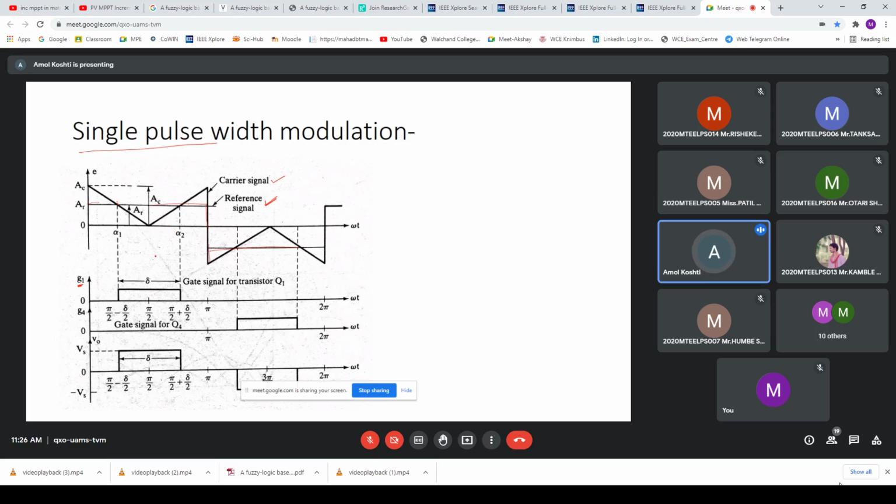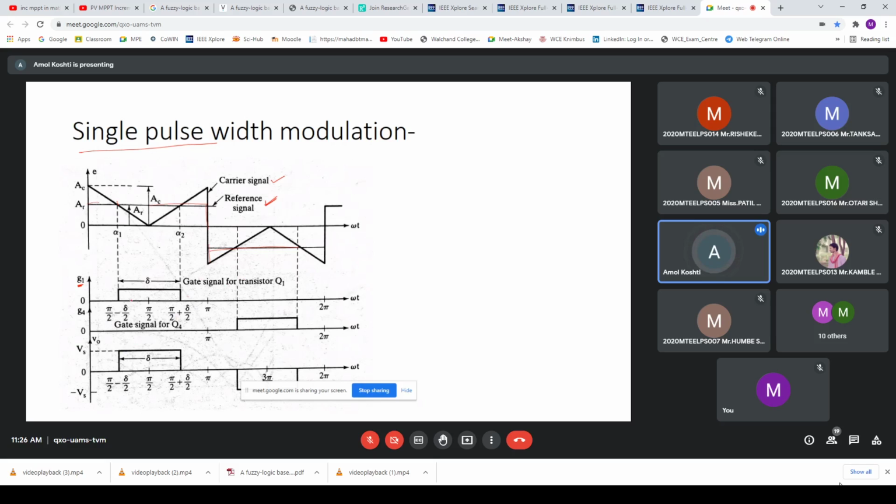That is the reason it is referred to as single pulse width modulation. Multiple pulses can also be produced by using this single pulse. As far as this method is concerned, we take only the single pulse from this reference with respect to this carrier. That is the reason it is referred to as single pulse width modulation.